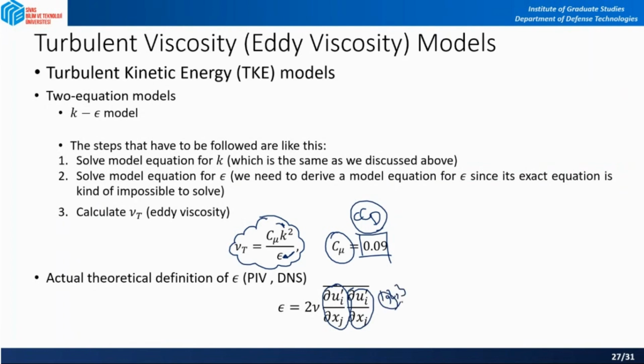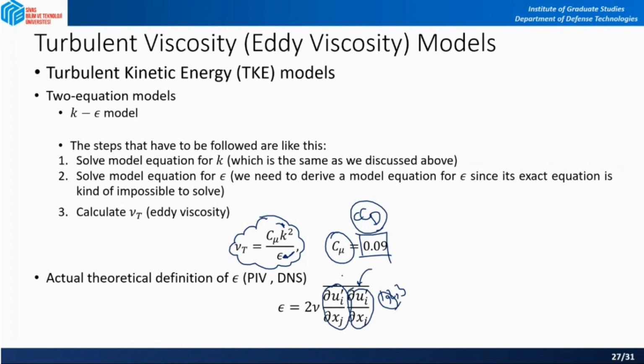So it could be, for example, du prime dx, dv prime dy. You have to do all these multiplications and summations and then get the ensemble average, because you see the bar sign here, over the n number of samples that you have in your DNS or your experimental results.